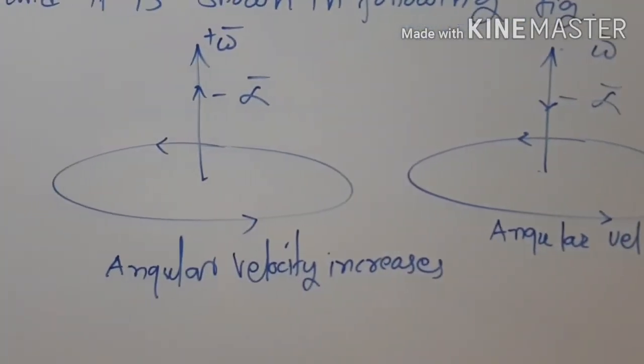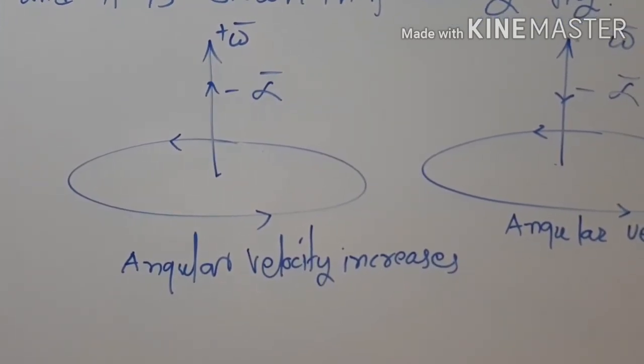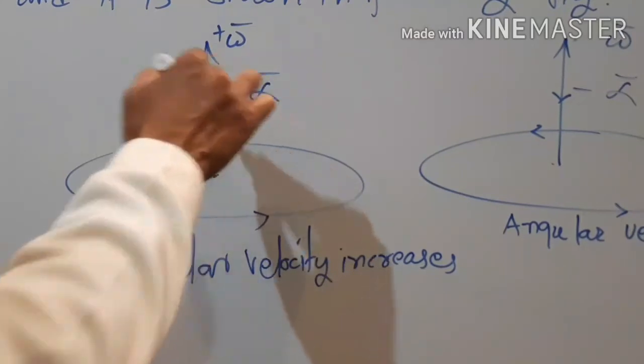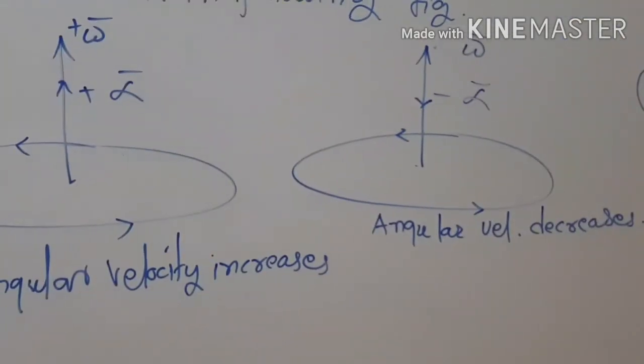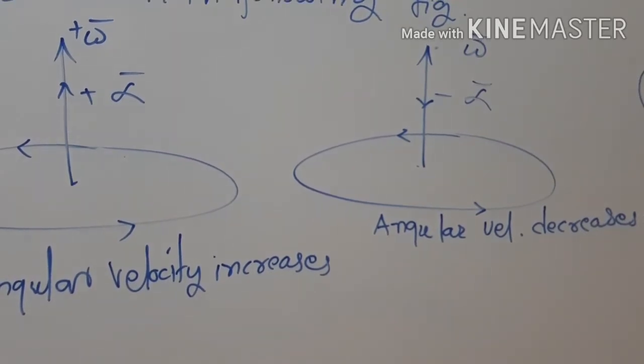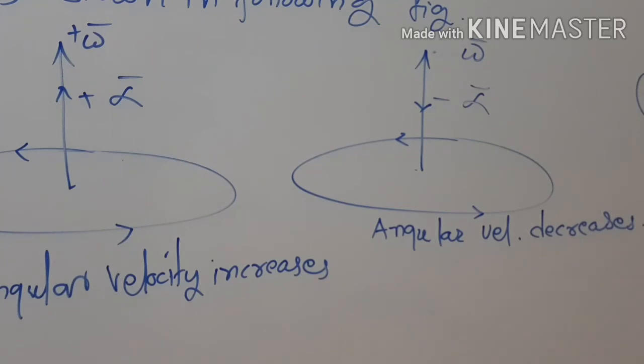Draw these two figures. First is for positive alpha bar in which angular velocity increases, and another is a negative angular acceleration if angular velocity decreases.